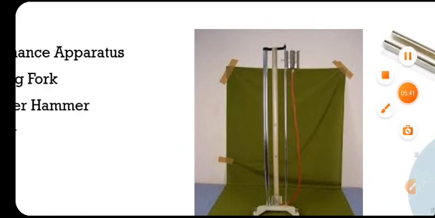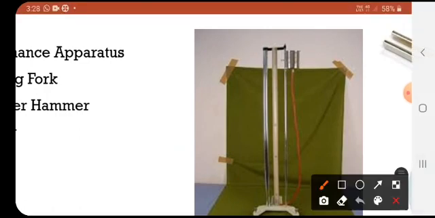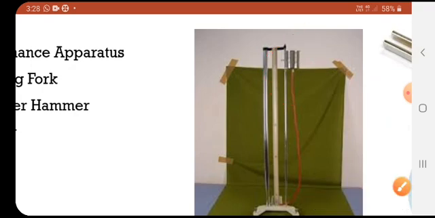The resonance apparatus consists of a 1 meter long pipe of steel or glass, nearly 4 centimeters in diameter. It is fixed vertically on a wooden stand. The lower end of the glass tube is attached to the reservoir, which is made of steel, by using a rubber tube.